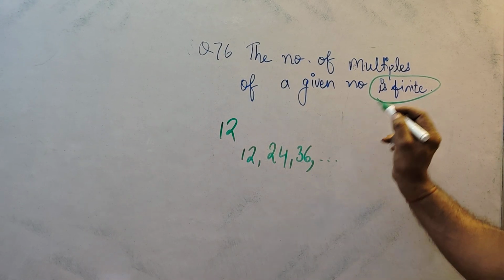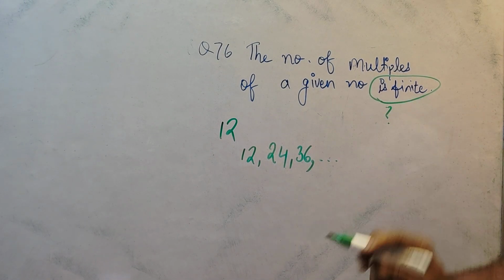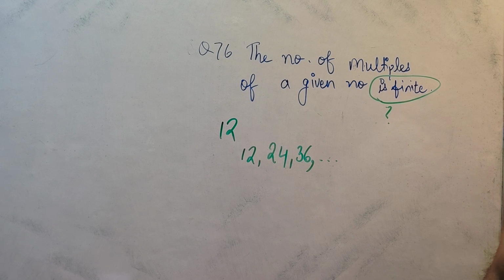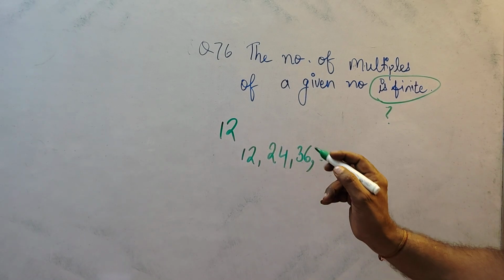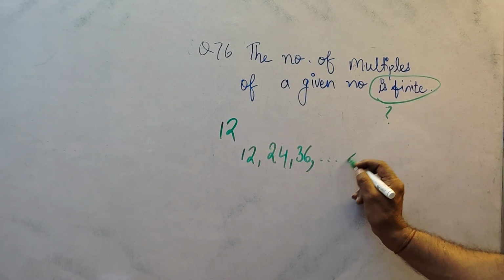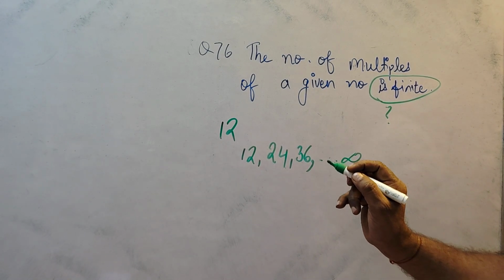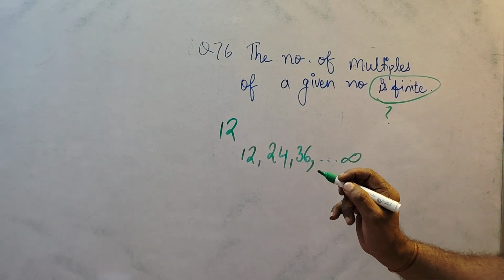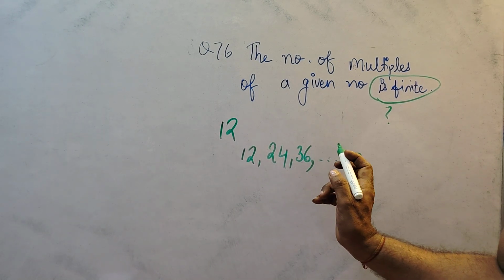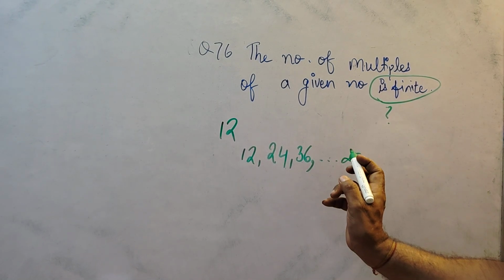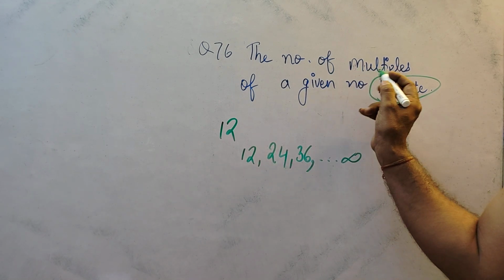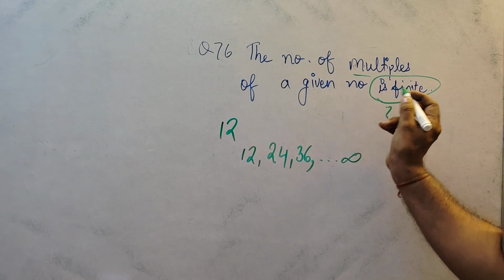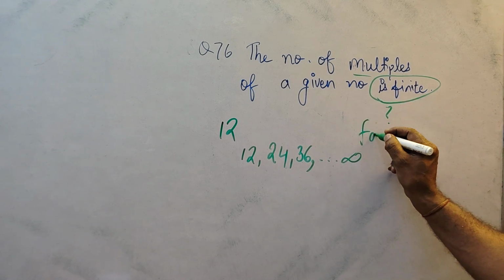Are they finite? Are there finite multiples of 12? I think there are infinite multiples of 12, isn't it? We can say 12 into 100, 12 into 1000, 12 into 1 million. So there are infinite multiples. In that case, it is not finite, so that's why it is a false statement.